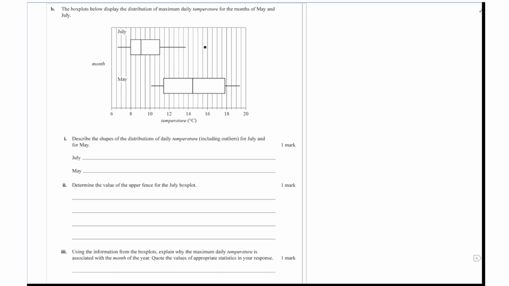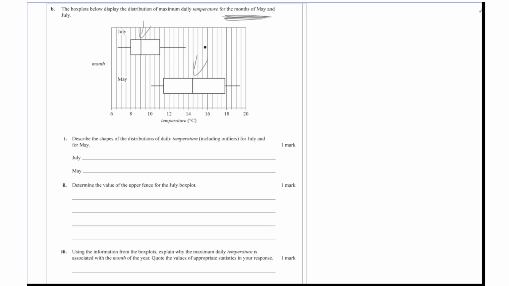Now, I'm going to be very specific and talk about what you need to do here. What's important in these types of questions, which you'll see quite often, is that as you go across, that's the representation of the different temperatures throughout July and throughout May. It's not saying this is the middle of July or the middle of May.